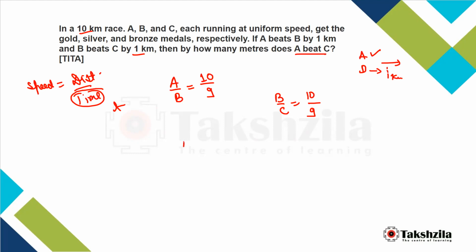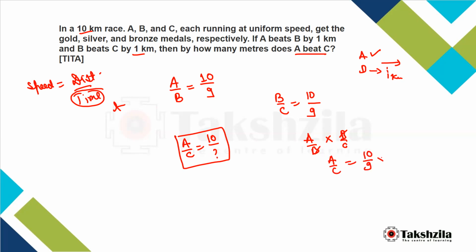So we need A by C, and in the numerator we need 10, and here whatever comes will be the distance covered by C in the time A covers 10. We have A by B and we have B by C. If we multiply both these, these are both speeds, so B will get cancelled and we'll be left with A by C. So A by C will be 10 by 9 into 10 by 9.